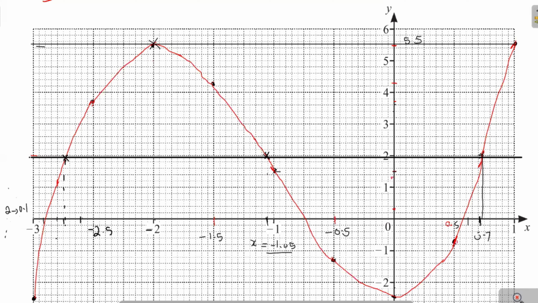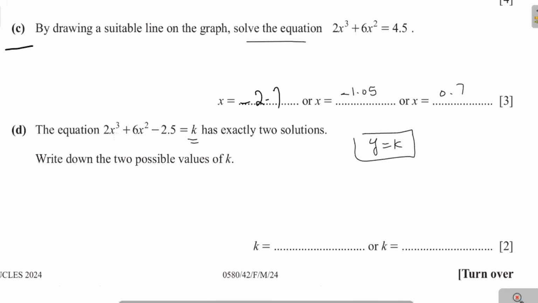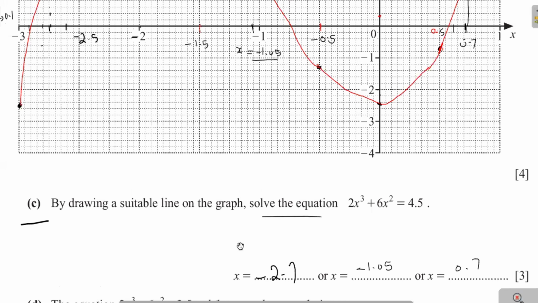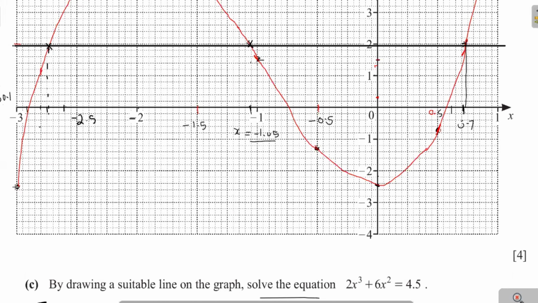Therefore, k is 5.5. Next, if we draw the line here, this line also intersects the graph at two positions, where the value of y is minus 2.5. Therefore, we write k equal to minus 2.5 as the answer.